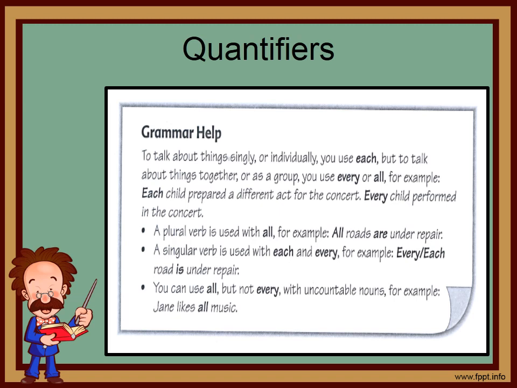Second point, a plural verb is used with all, right? If you use all in sentences, then remember that the verb, either a helping verb like am, are, was, were, or a principal verb, will be plural, right? The example is given here, all roads, right?